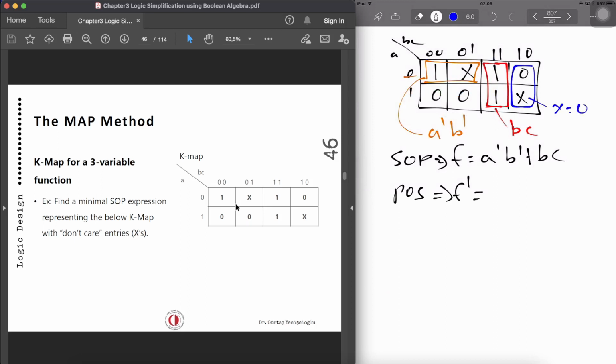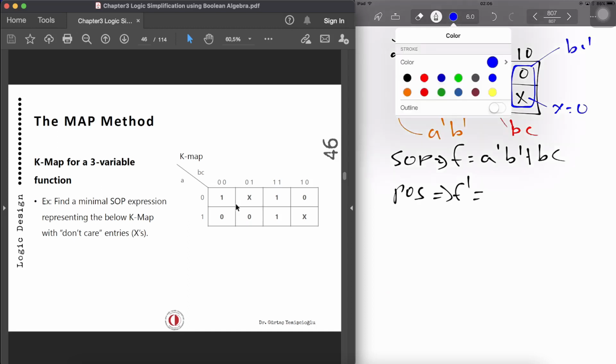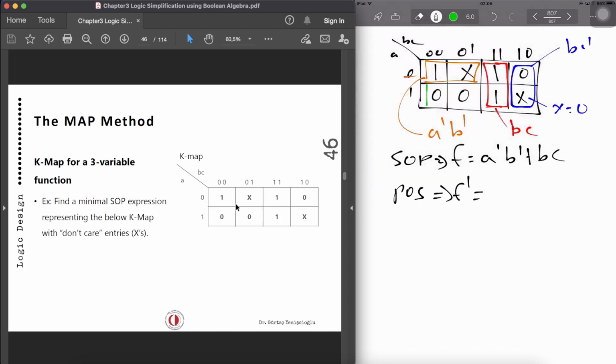And this will give us B C prime. And also, I can make a combination of those two, which is going to be A and B prime. So I can write this as A B prime, or B C prime.